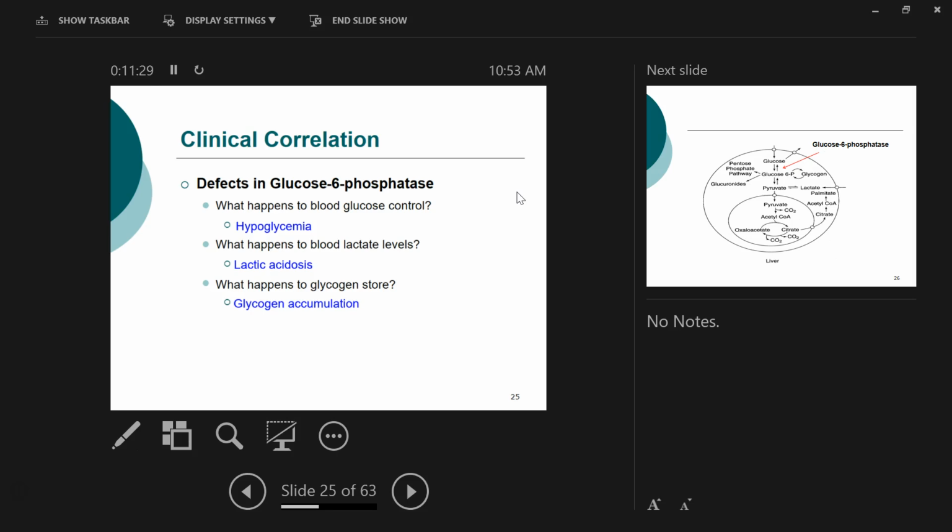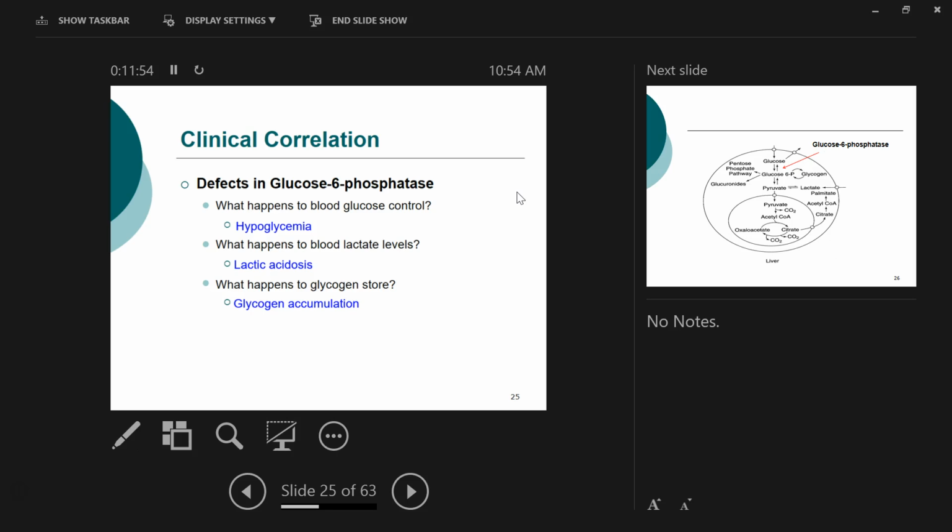So that's the enzyme that's responsible for glycogen breakdown? Yes, great. Glucose 6-phosphatase is not only the enzyme involved in the last reaction in gluconeogenesis, but also in glycogen breakdown.